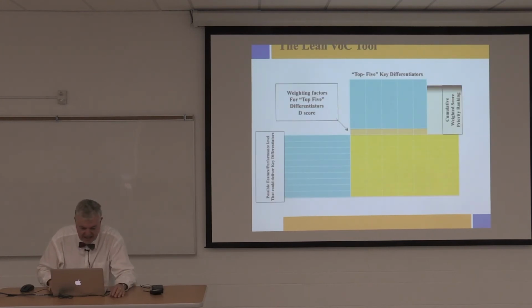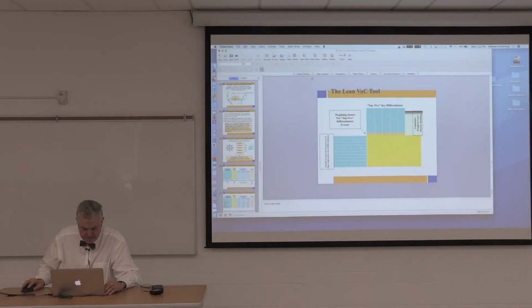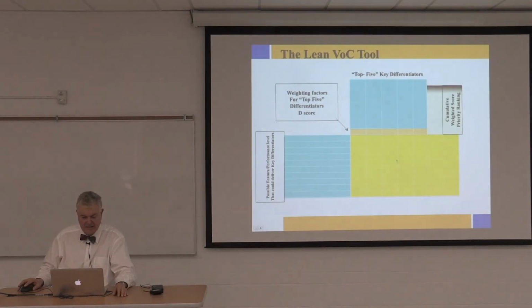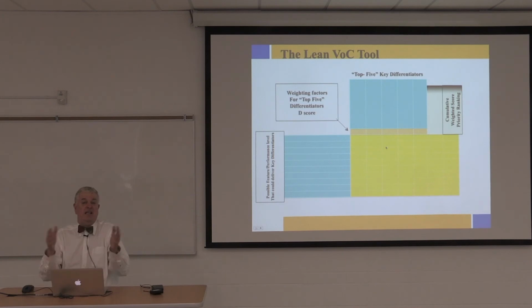All right, the lean voice of the customer tool. Weighing the top factors, so your top key differentiators are here, your possible feature performance levels that could deliver a key differentiator. Again, I won't go through all this, it would bog you down.